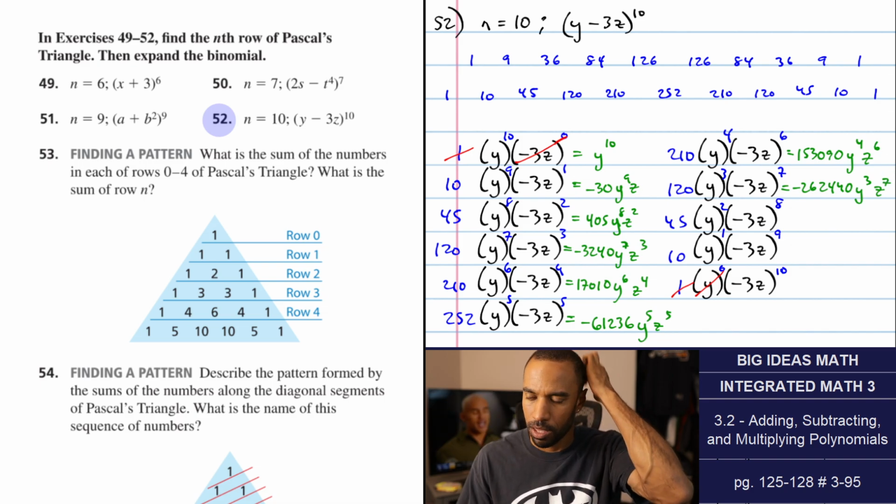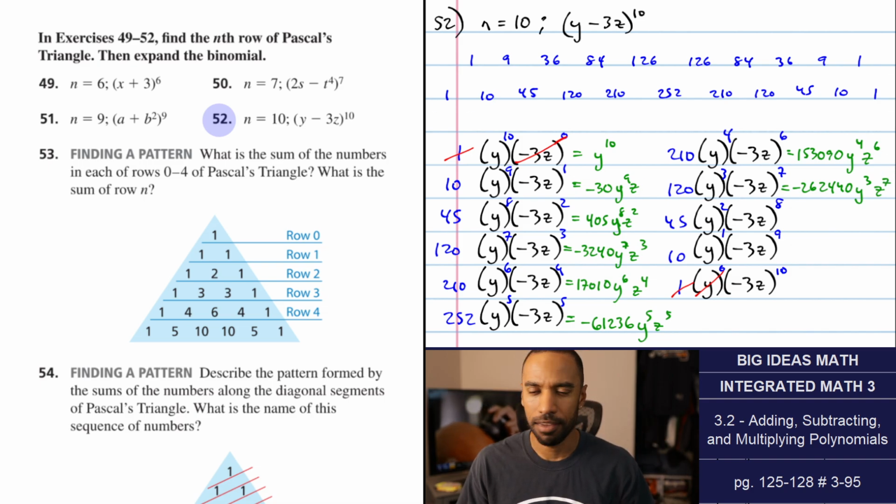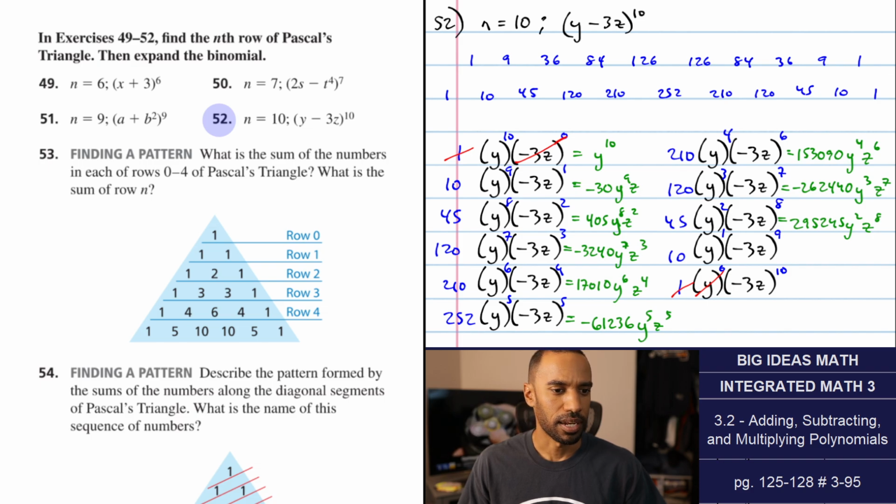And then 45 times 3 to the 8th. Maybe the numbers get smaller again. Nope. 295245. I bet the next time they'll get smaller. Y squared z to the 8th. 10 times 3 to the 9th. 3 to the 9th times 10 will add an extra 0.